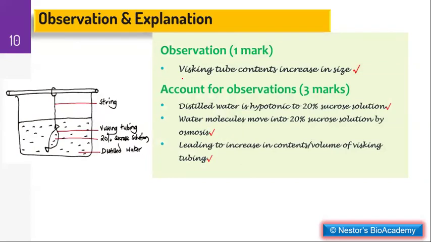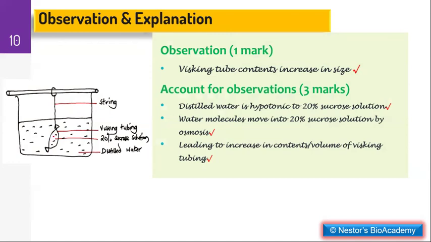You have to look at the two solutions on either side of the Visking tubing, and you have to understand which one is hypotonic to the other, and then that way you will be able to tell the direction of osmosis, and then from there you'll be able to tell whether there will be an increase in volume or a decrease in volume.